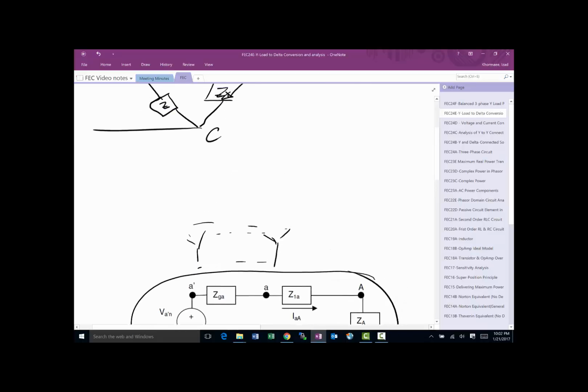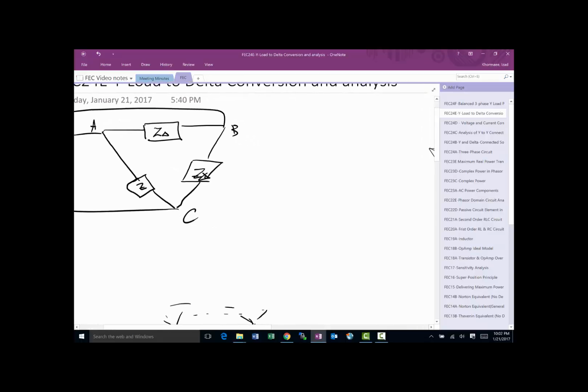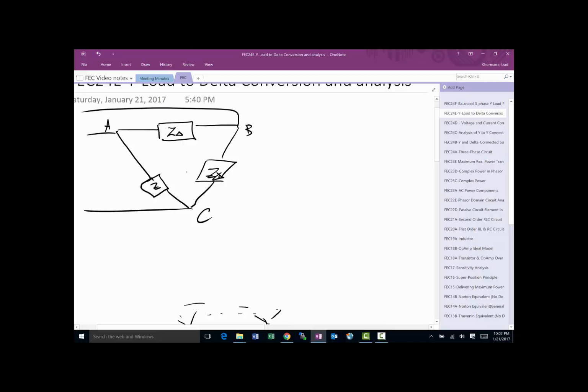So we have a choice of doing a similar set of analysis and similar set of equations for a delta connected load, but life is a lot easier than that, and we don't necessarily have to do that because we can literally take this A and B and C and replace it with a Y connection.